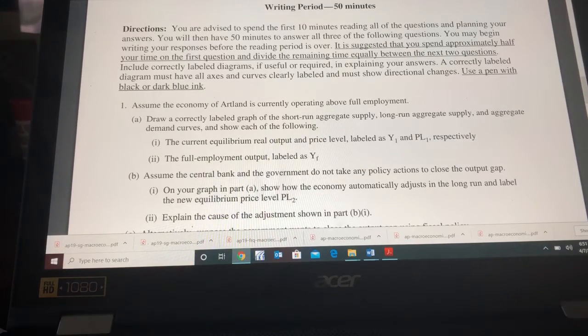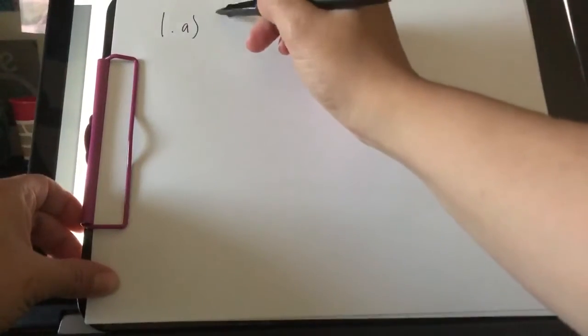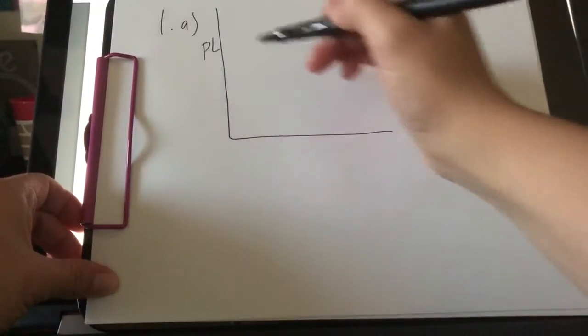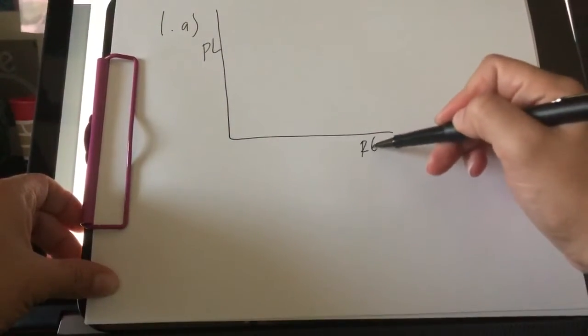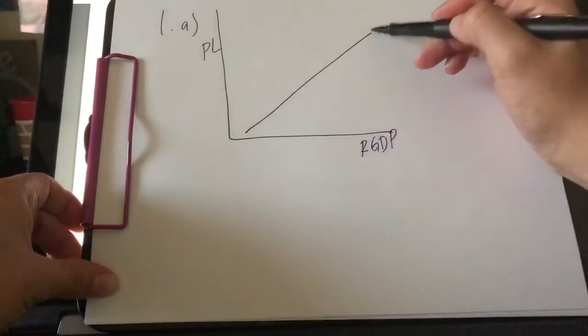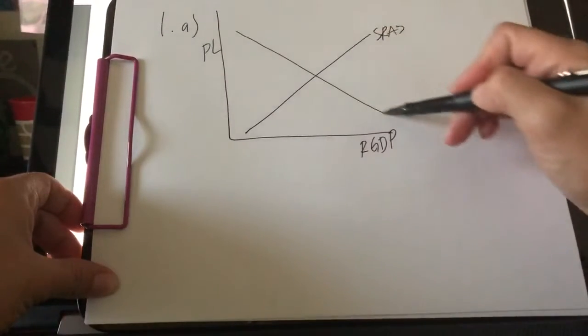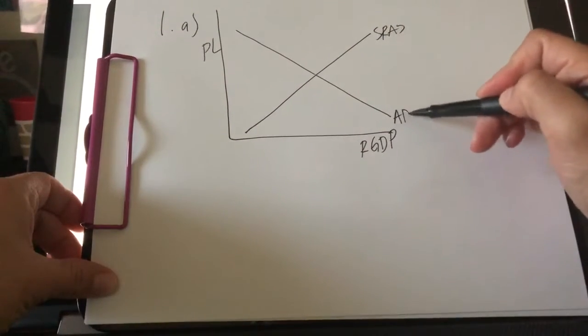So I need to draw everything at equilibrium, right? So here's my clipboard. I draw everything at equilibrium. I'm going to label this 1A. Here's my graph. This is the price level. This is real GDP. And it wanted me to do everything at equilibrium. So this one's my short run aggregate supply. This is my aggregate demand.